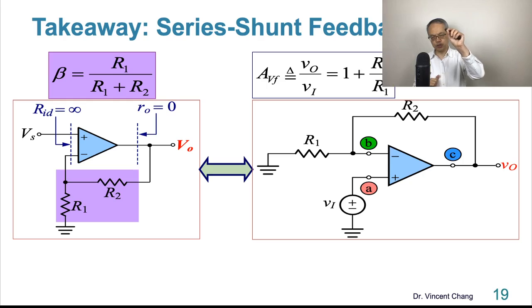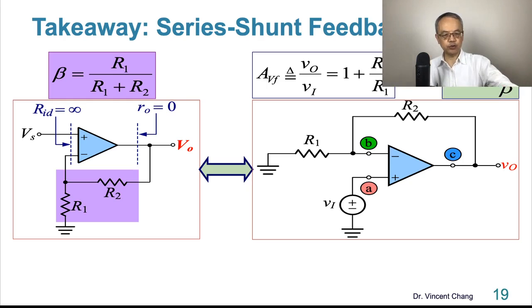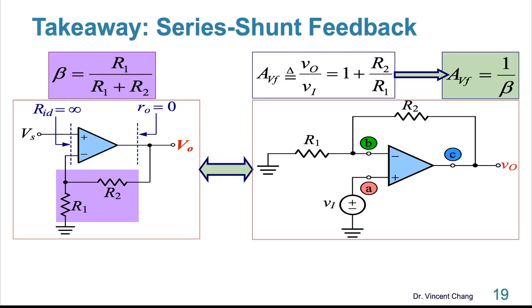I asked you which feedback topology this circuit belongs to. Number 3, how to determine the beta. And the last one, the relationship between these two: the closed loop gain is 1 over beta.